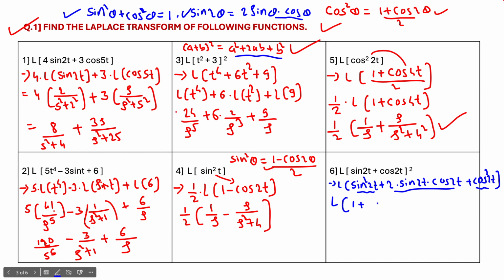So here directly I can write 2 sine 2t into cos 2t will be sine 4t. If the angle is 2t, you have to consider its double angle, that is 4t. And then directly apply the formula. So Laplace of 1 is 1 by s, plus Laplace of sine 4t will be 4 upon s square plus 4 square. So to solve questions on Laplace transform, you have to remember trigonometry formulas also.